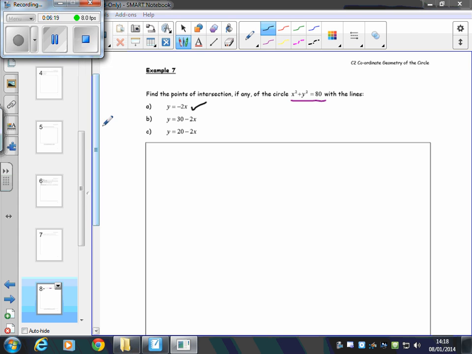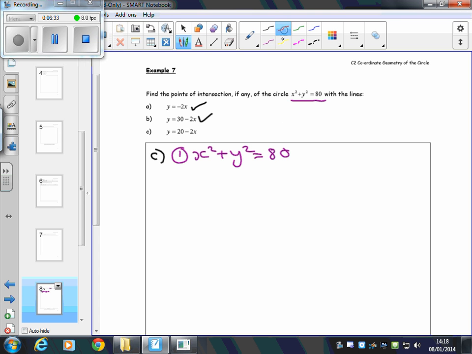Moving on to part C, that's part B over with. So moving on to part C, again, my first simultaneous equation will still be x squared plus y squared equals 80, but my second simultaneous equation will be y equals 20 minus 2x.